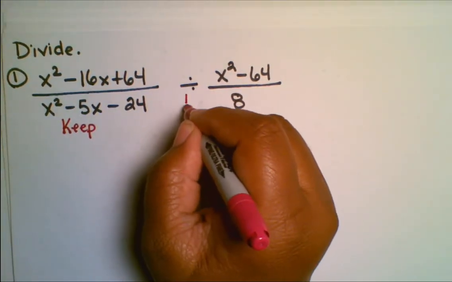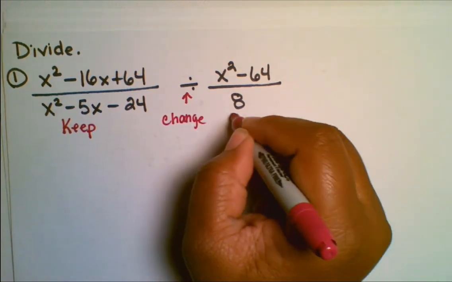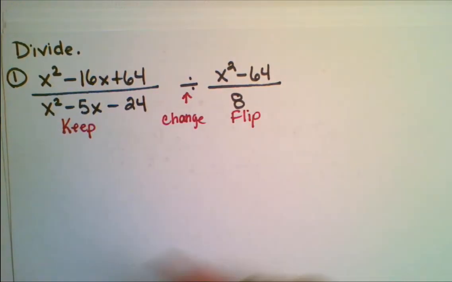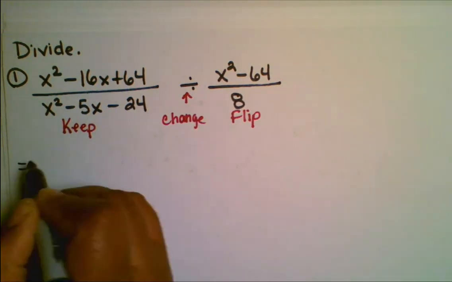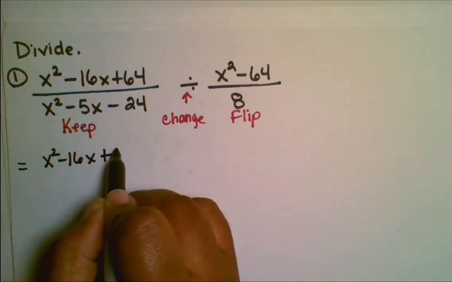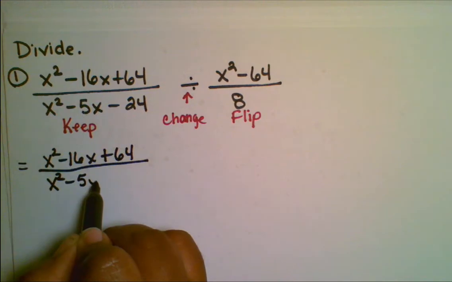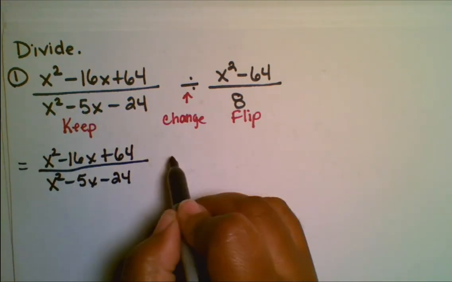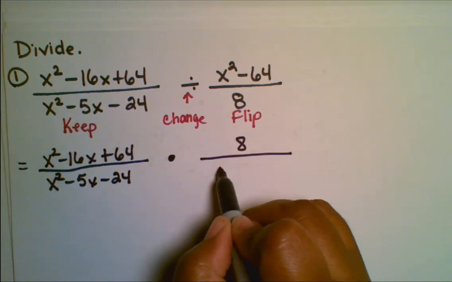We're going to change that division to multiplication, and then we're going to flip the second fraction. So let's go ahead and do that process. Change division to multiplication, flip the second fraction.